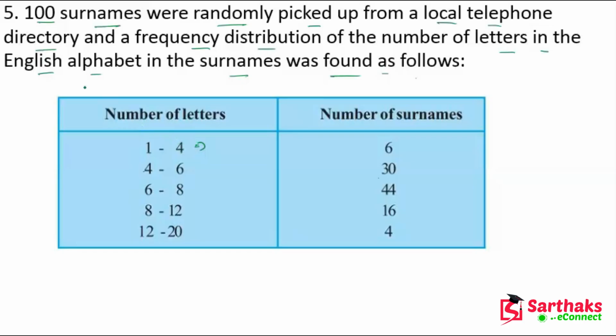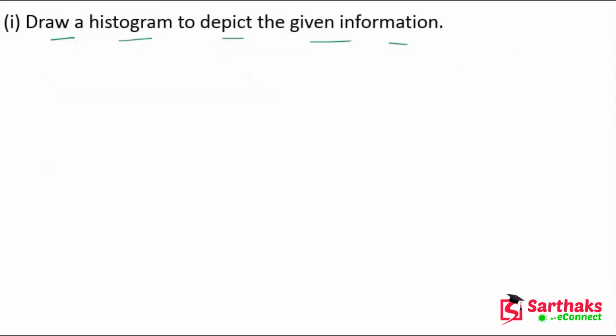Here 4 minus 1 is 3, and 6 minus 4 is 2. 8 minus 6 is 2. 12 minus 8 is 4. 20 minus 12, the class size is 8. So you can see that there are again different class sizes, not constant. So first of all, again we have to find the adjusted frequency.